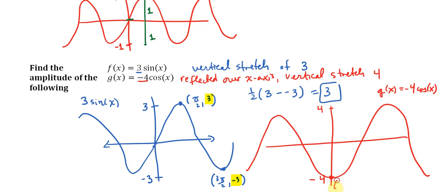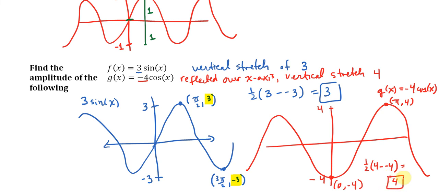One of the minimums is at 0, -4. The maximum here is going to occur at pi, positive 4. So the amplitude here is going to be 4. I hope you can see that. It's 1/2 the maximum value minus the minimum value. So 4 minus -4 is 8, divided by 2 is still 4.